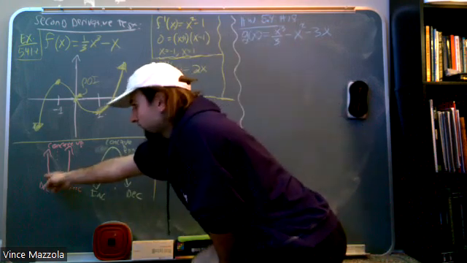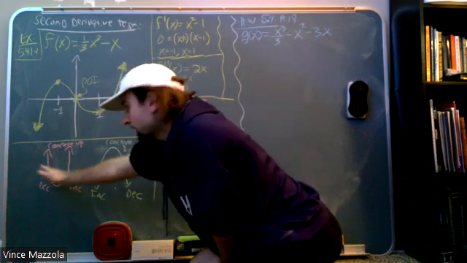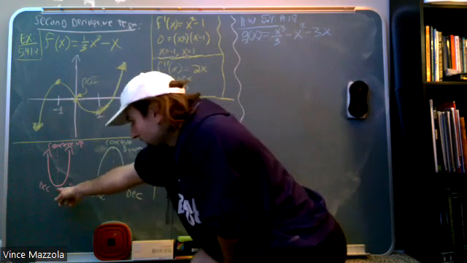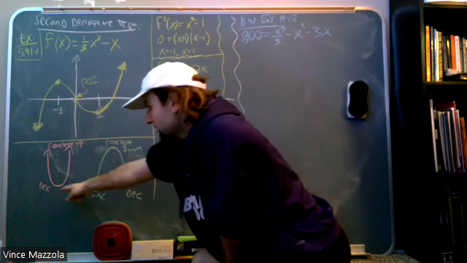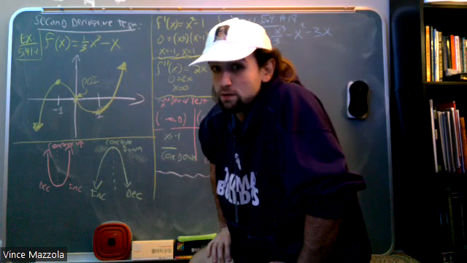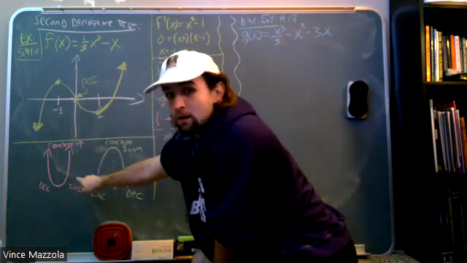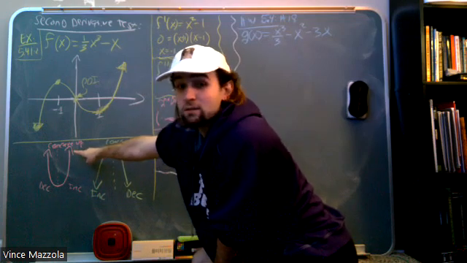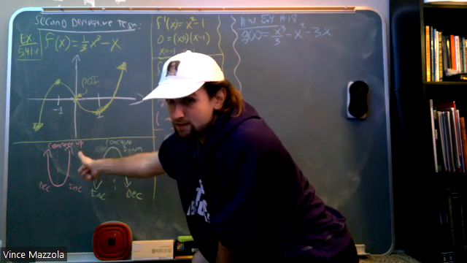Here, reading left to right, you're starting by going down, even though the arrow is pointing up, which is going to be decreasing. Here, it's going to be 0, so your derivative is 0. And here, it's going to be increasing. So even though your first derivative changes sign from negative to positive, your second derivative is positive here. So being concave up means that your second derivative is positive.